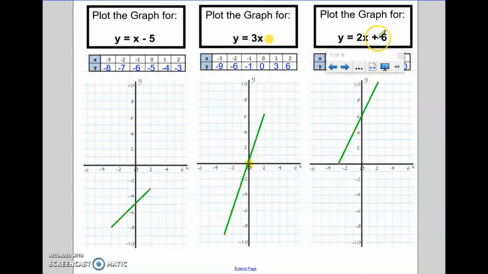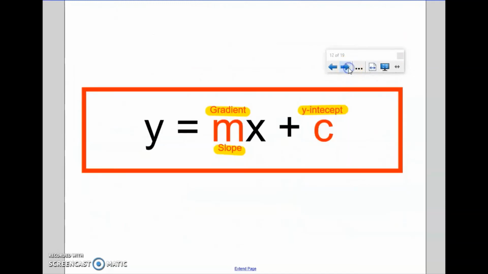You can see here the y-intercept is plus 6, which is exactly why this linear graph crosses the y-axis at the value 6. Okay, so this form is what we're going to be interested in for the next few examples and questions. y equals mx plus c, where m always reflects the gradient and the c value always reflects the y-intercept.